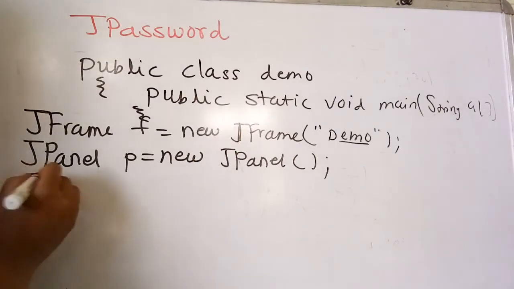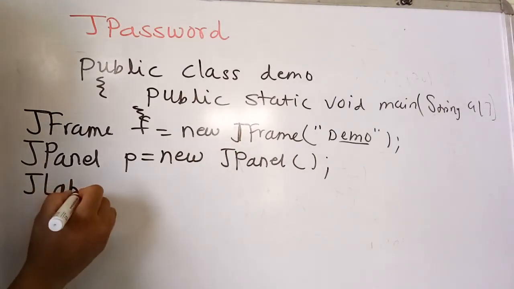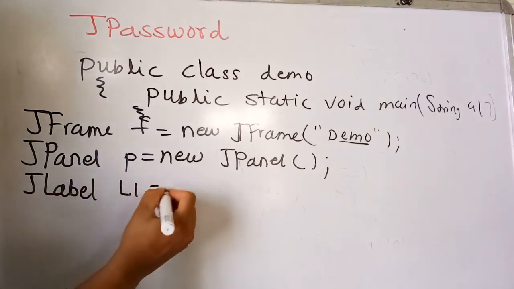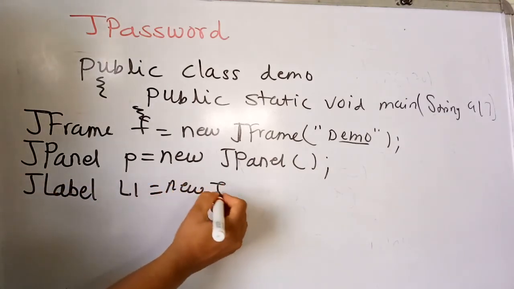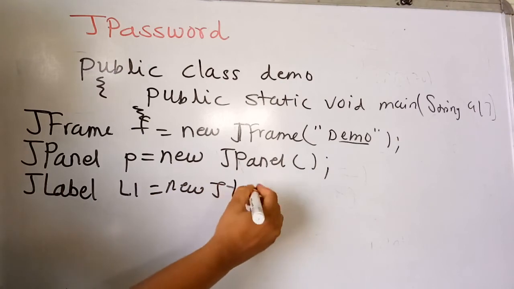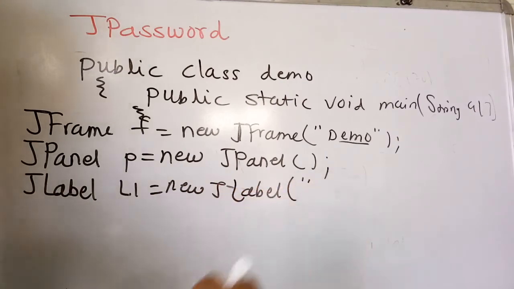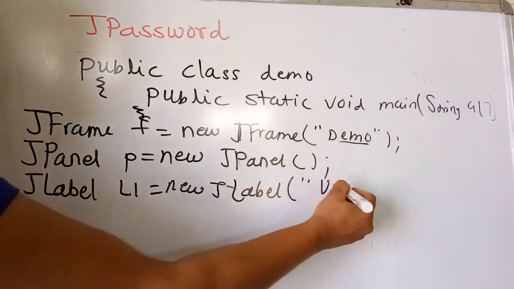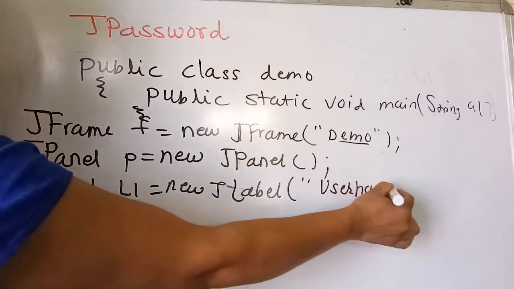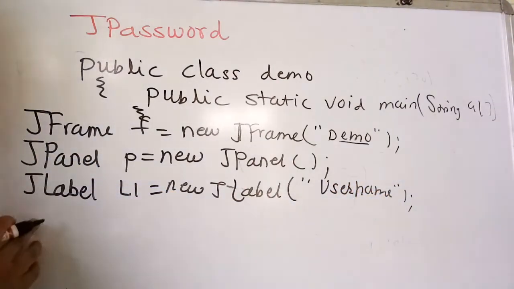Then we will create a label, JLabel type L1 equals new JLabel, with the text username, meaning it is displayed as username.